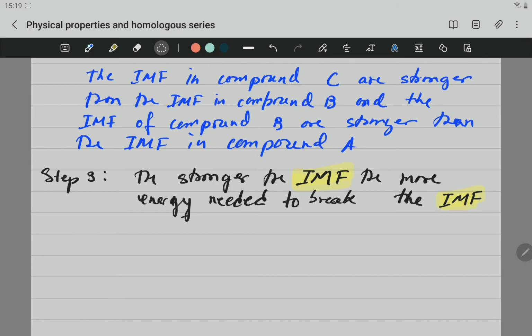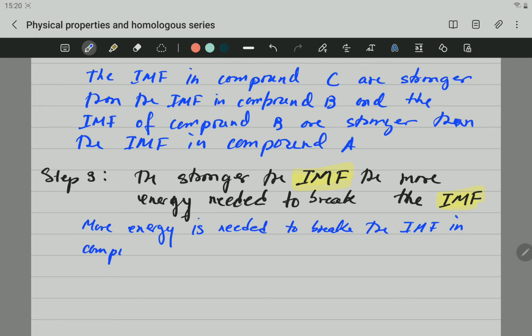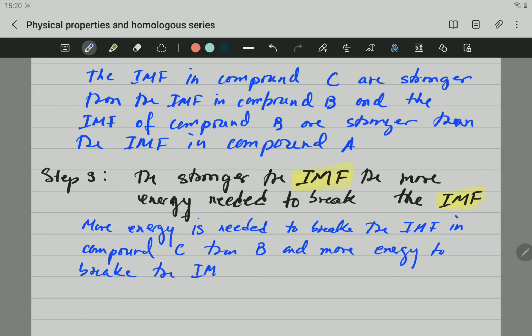So, you have to say here that more energy is needed to break the intermolecular forces in compound C than B, and more energy to break the intermolecular forces in B than C. So that is step 3.